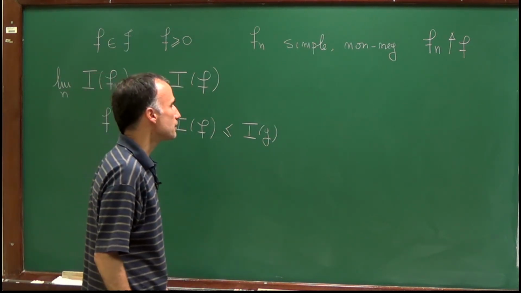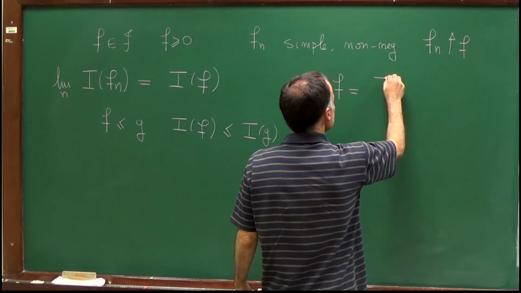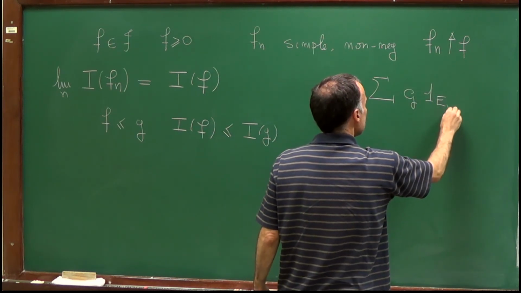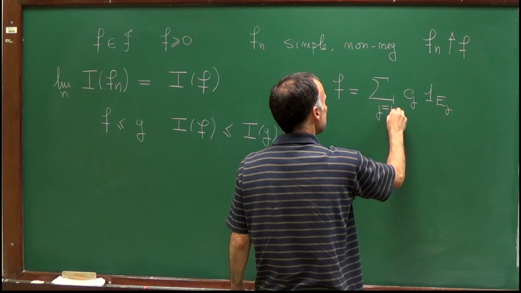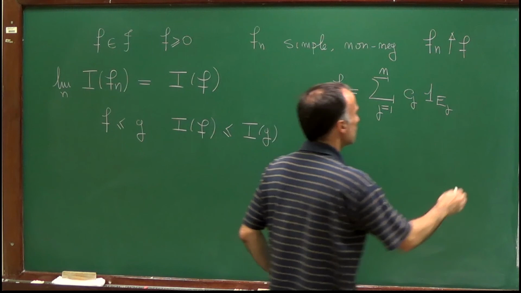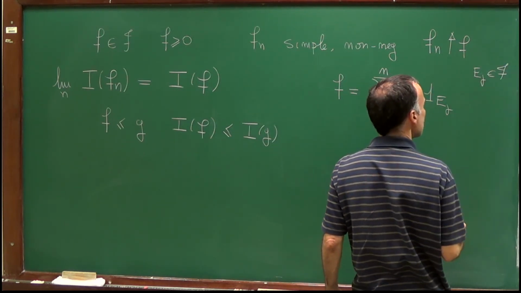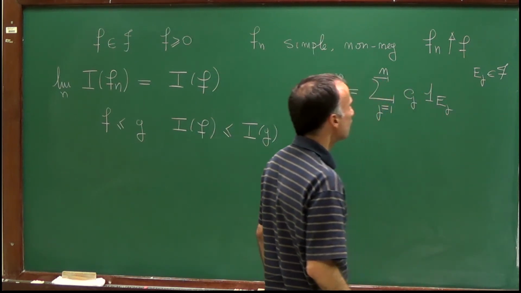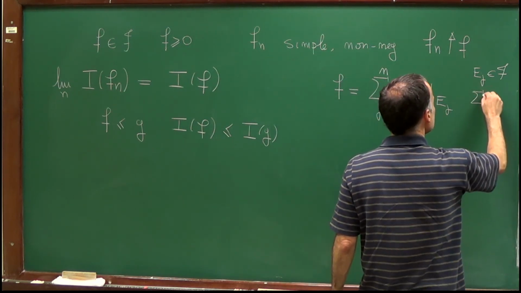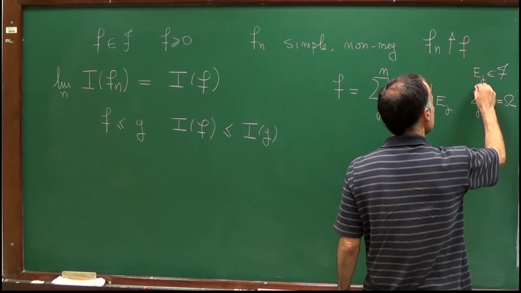Well, this inequality is very simple. Let's take a simple function f. So f can be written as the sum of c_j times the indicator of E_j, where, remember, the sets E_j belong to the sigma algebra F, and the sets E_j form a partition of the set omega.